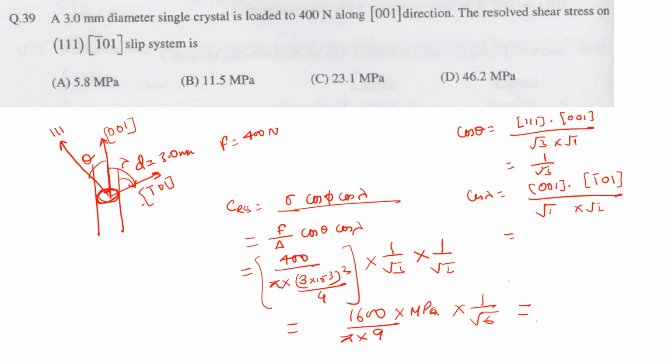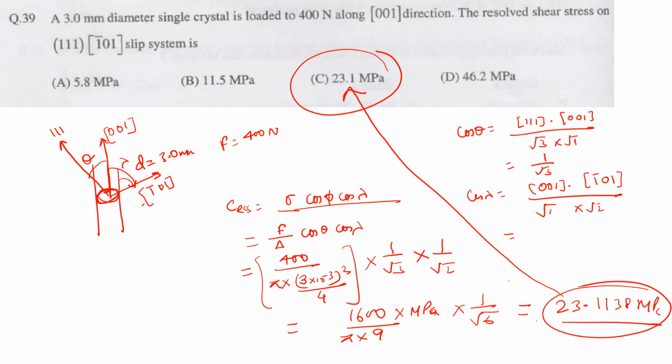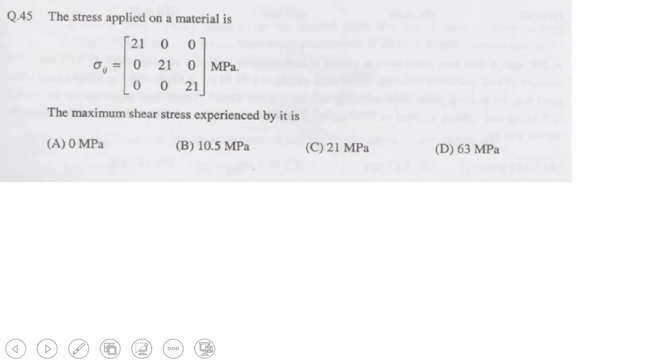So let us find this value: 1600 divided by 3.14, divided by 9, then divided by root 6. So I got 23.1138 MPa, right? So this is matching with option C. So this will be your answer.